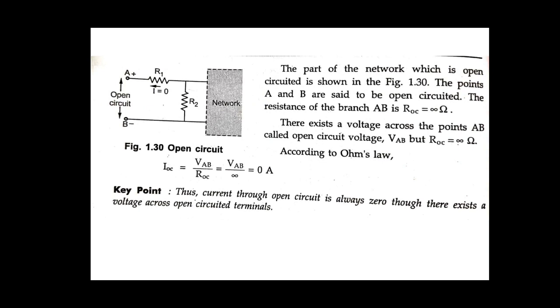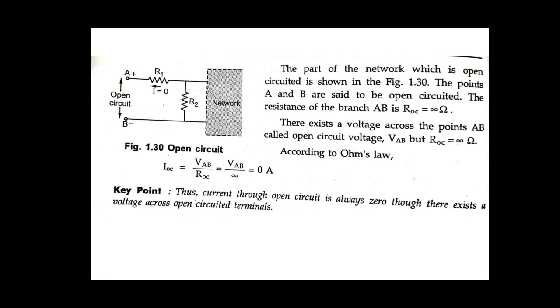That is VAB. According to Ohm's law, I is equal to V upon R. So I is the open circuit current, VAB is the voltage across AB and R is the resistance of the open circuit. We know that the resistance of the open circuit is infinity, so the current through the open circuit is 0.